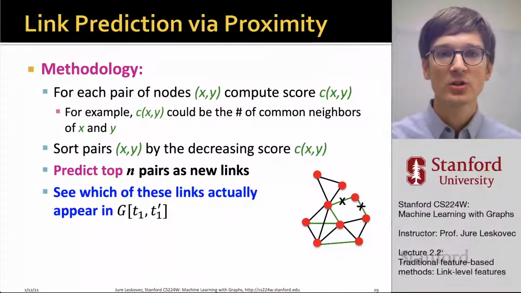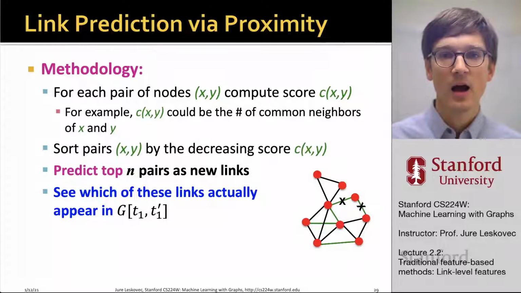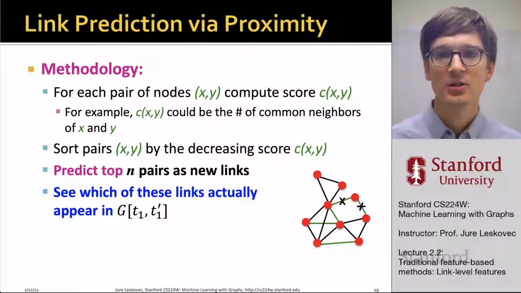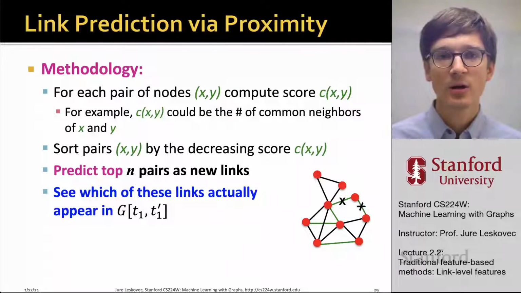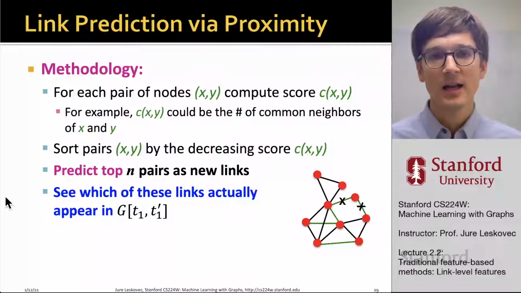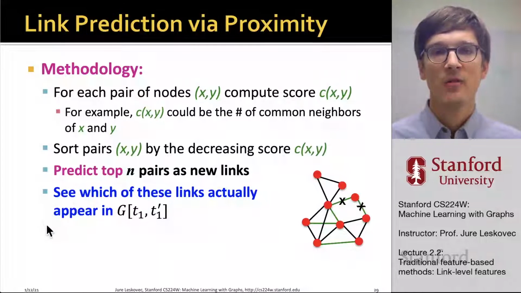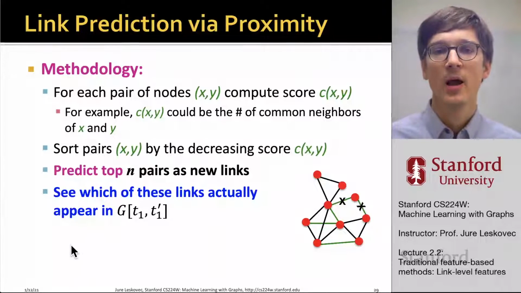And then we are going to sort all pairs x,y according to the decreasing score c, and we will predict the top m pairs as the new links that are going to appear in the network. And then at test time, we can observe which links actually appear and compare these two lists, and this way determine how well our algorithm is working.